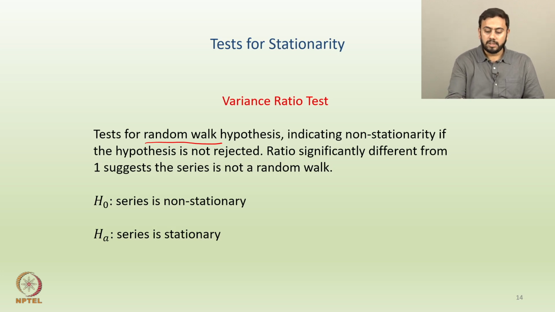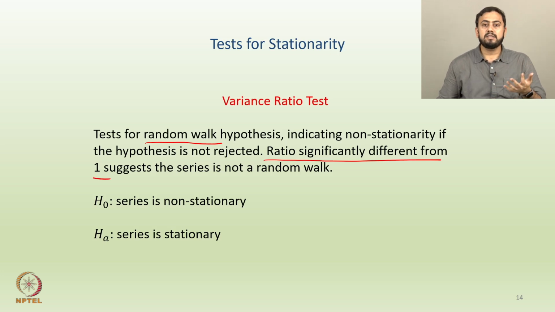The variance ratio test produces a ratio. If that ratio is significantly different from 1, this suggests that the series is not a random walk. And if the series is not a random walk, it means that the series has to be stationary. The null hypothesis again here is series is not stationary and the alternative hypothesis is that series is stationary.